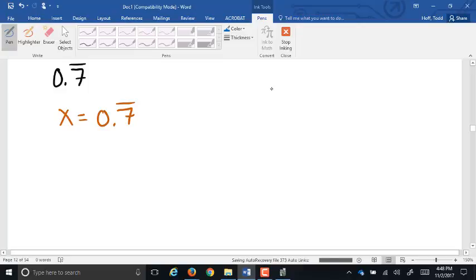How many digits repeat here? Only the 1. So that means I'm going to multiply by what? 10. So x times 10 is 10x. 0.7 repeating times 10 is 7.7 repeating.